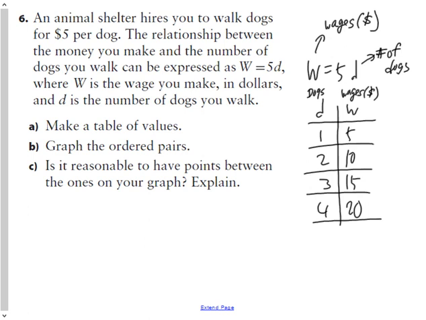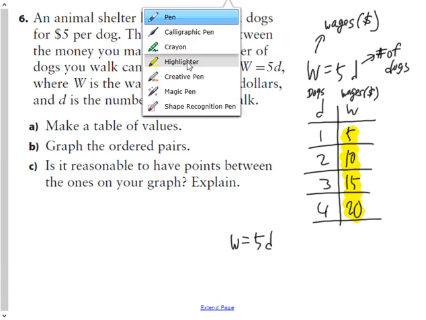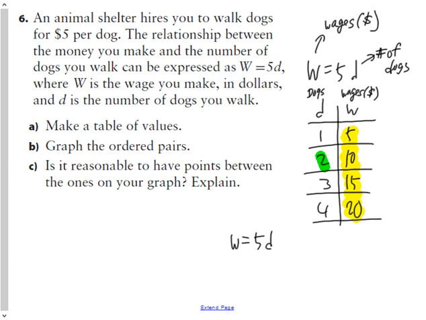Now, you might ask, well, where did these numbers come from? And the answer to that question is I quickly did some math and I probably should have shown you where they come from because it's important. Because if I take my formula, W equals 5D, and I substitute 2, meaning 2 dogs, then W will equal 5 multiplied by 2, because my D will be replaced by 2.